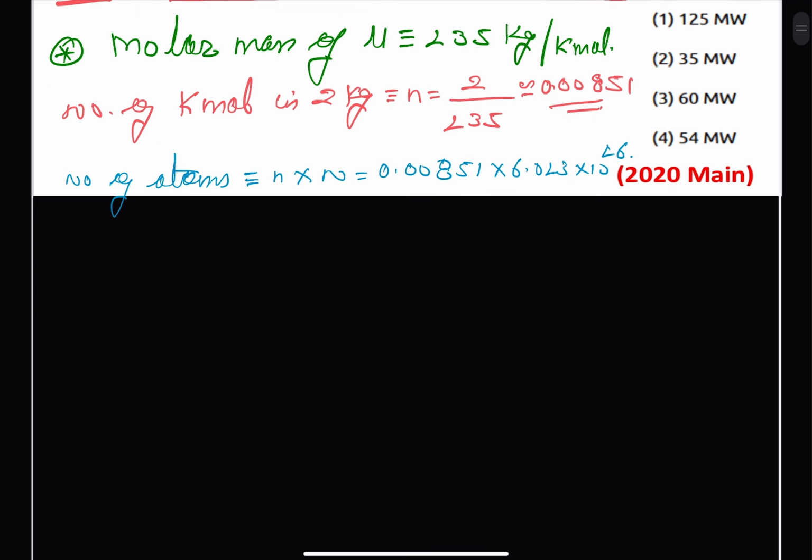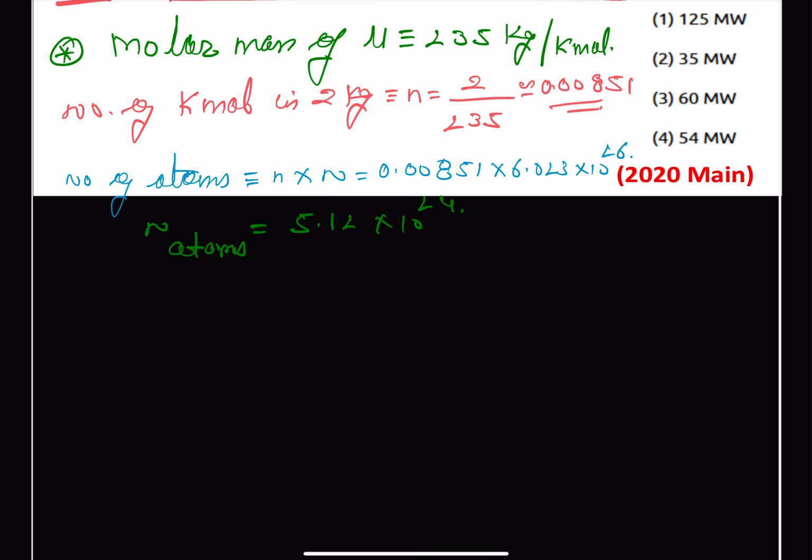So we get the number of atoms, capital N atoms, equal to 5.12 into 10 to the power 24.